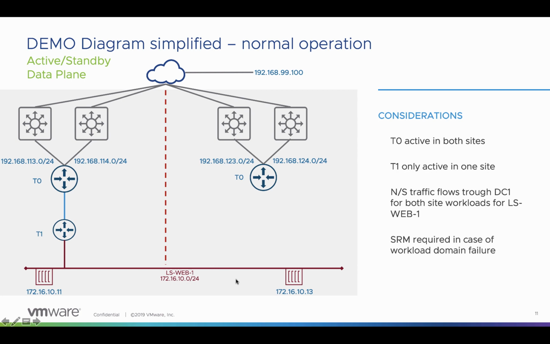So the actual goal of this demo is to show you the normal operation without any disasters. And what you will see is that this VM here needs to talk with this IP address here, and it will go through the tier 1, through the tier 0, pick one of these two top of rack switches, and then effectively go into the cloud or the core, and then it will reach its destination.